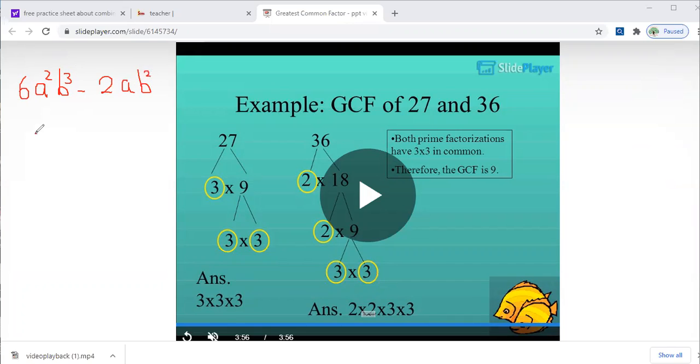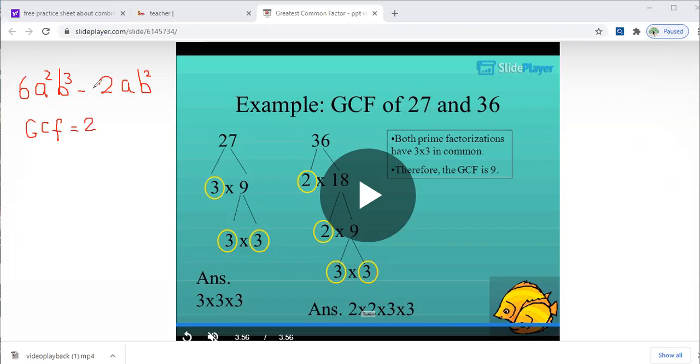We are looking for the GCF. First, I have 6 and I have 2. We are going to check the larger number here, 6, and the smaller number, 2. 6 is divisible by 2, so we can say that the GCF is 2 directly.